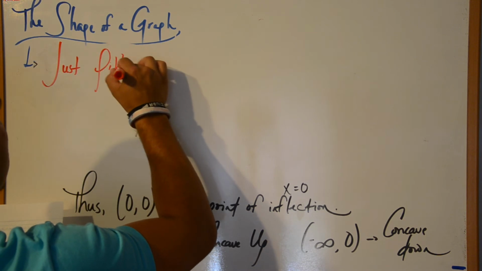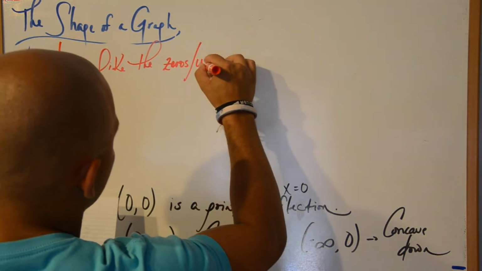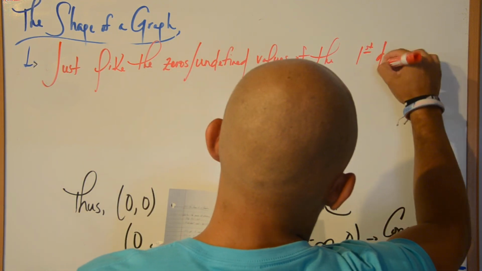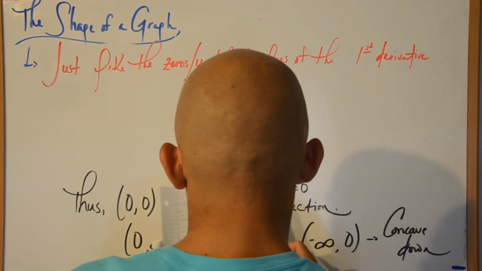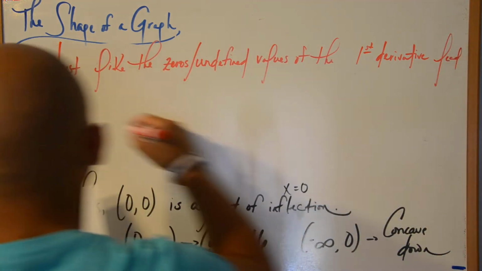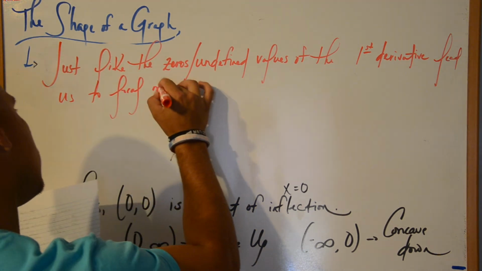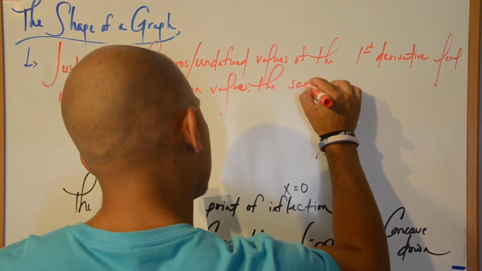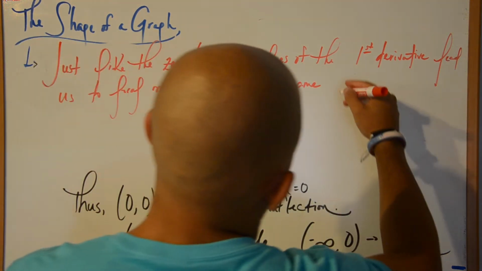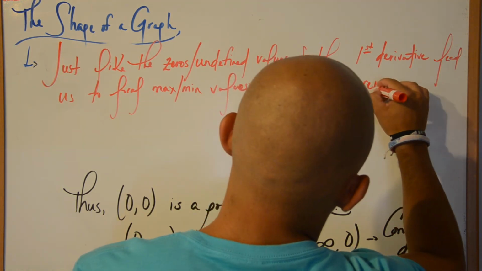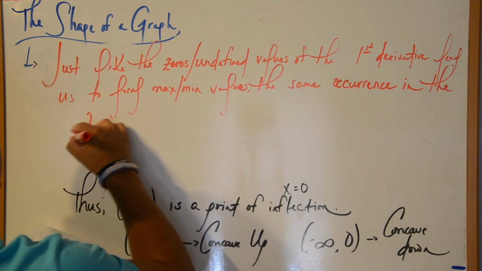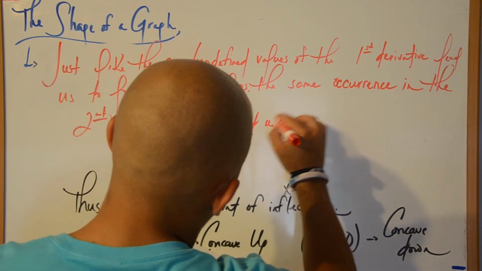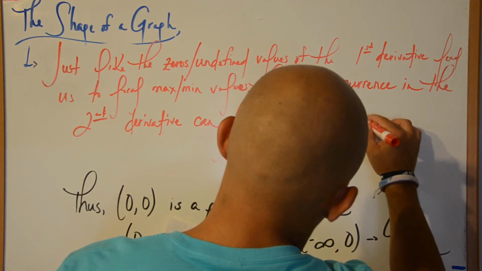Just like these zeros and undefined values of the first derivative lead us to local max and min values, the same occurrence in the second derivative can lead us to points of inflection.